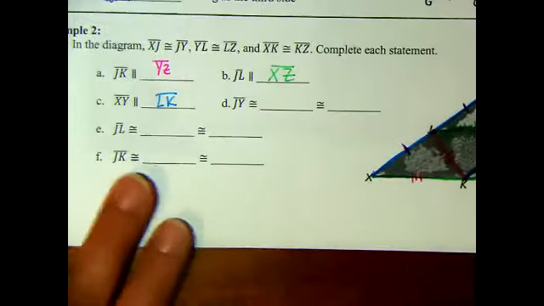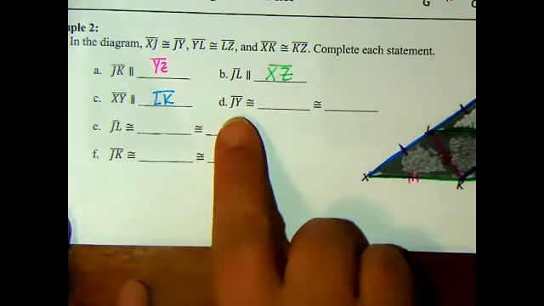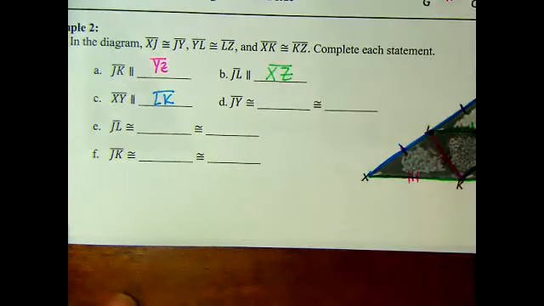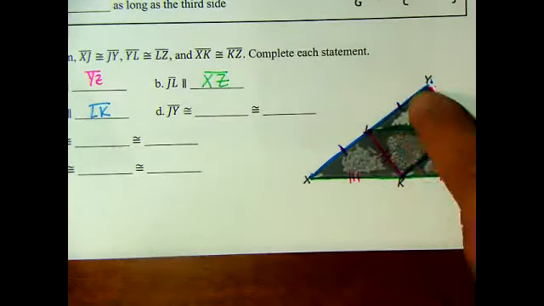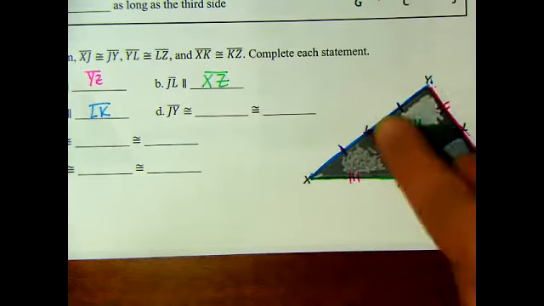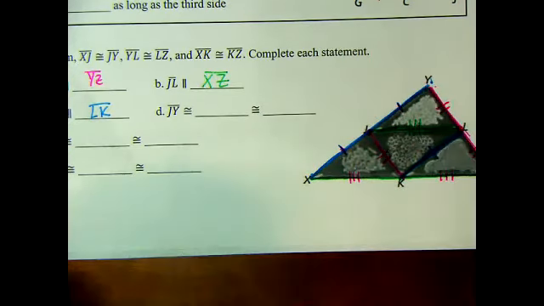So when we write these statements here, we can write JY. We're starting off with JY, so we're going to write down the other 2 segments that JY is congruent to.